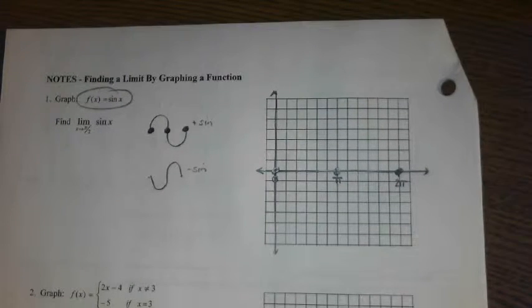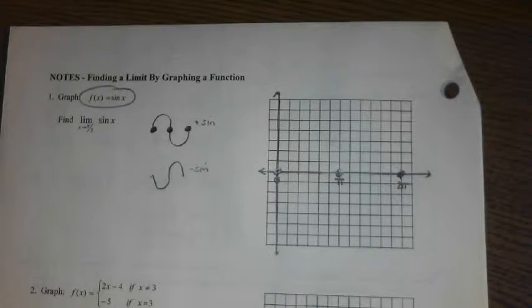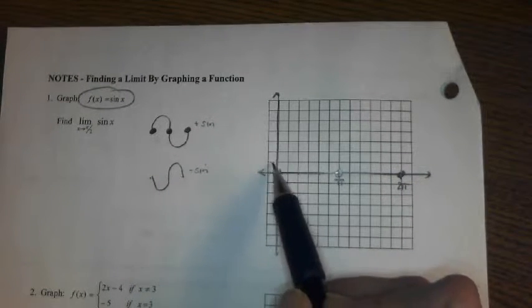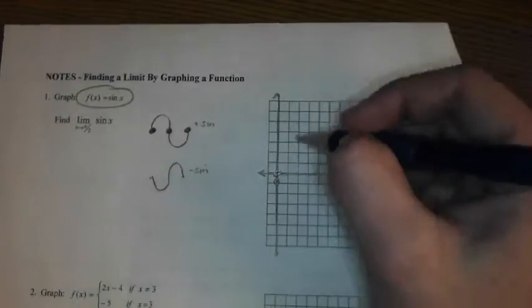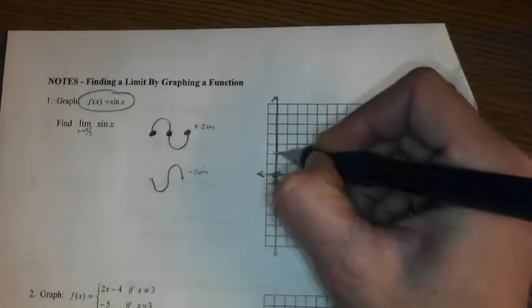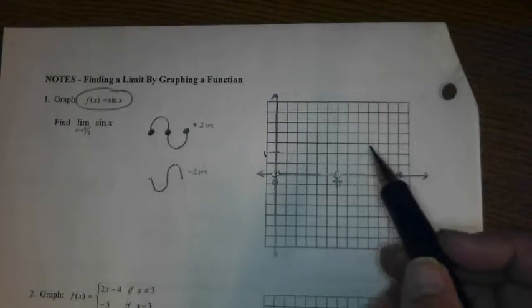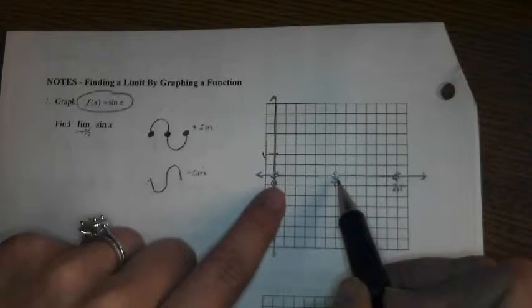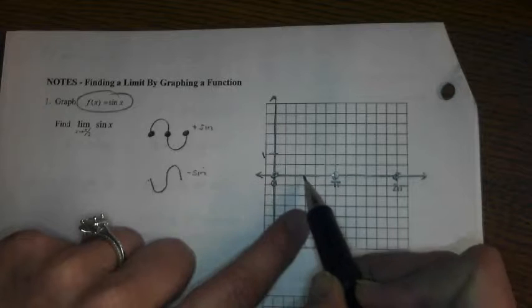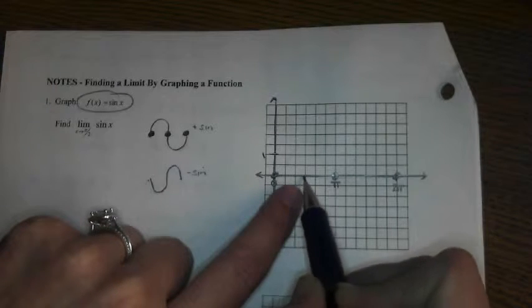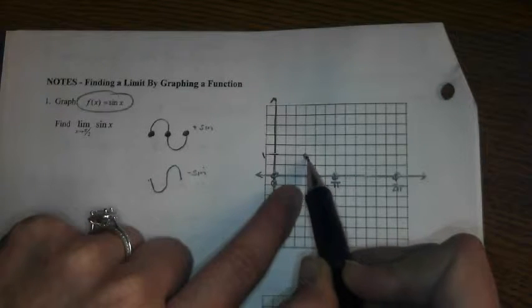And then what's our amplitude of the parent graph? 1. Now, I could count by ones and really squeeze that in there, or I could just make it scaled so 1 is like up 2 units. And so if 0 and pi are 6 units apart, then halfway in between those would be 3 units in. We're going to hit our maximum at 1.